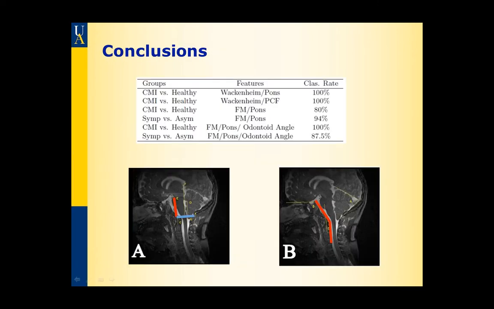Let me summarize a little bit. We found a way of classifying Chiari patients from healthy ones using two measurements, and we got this classification rate. But remember that we have a very limited data set, but this is what we have.